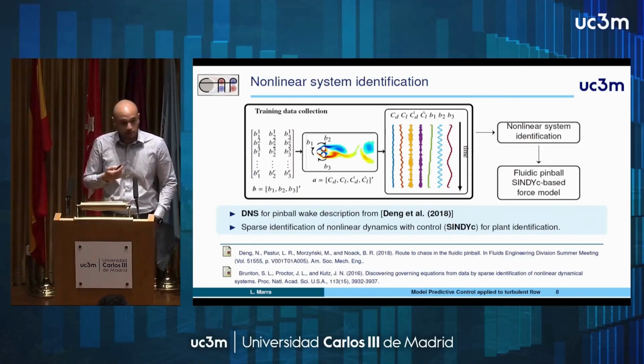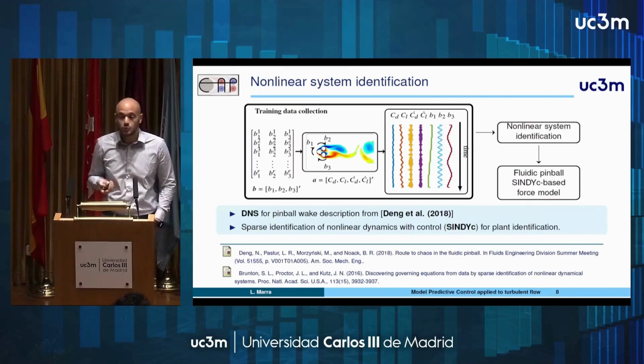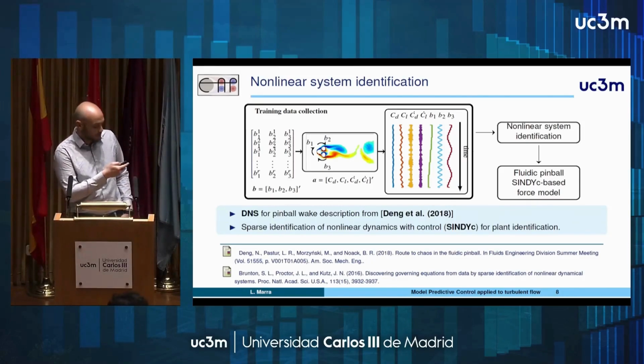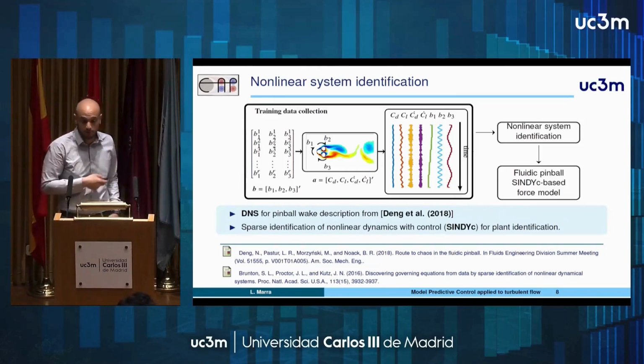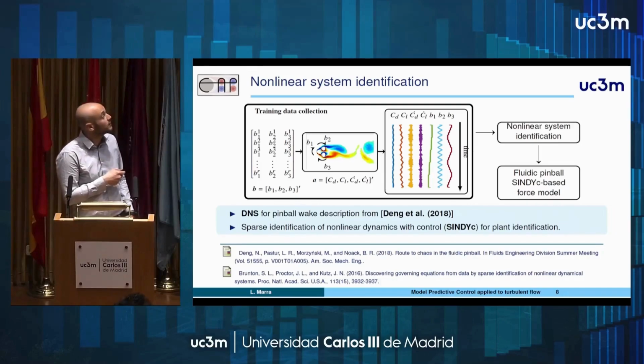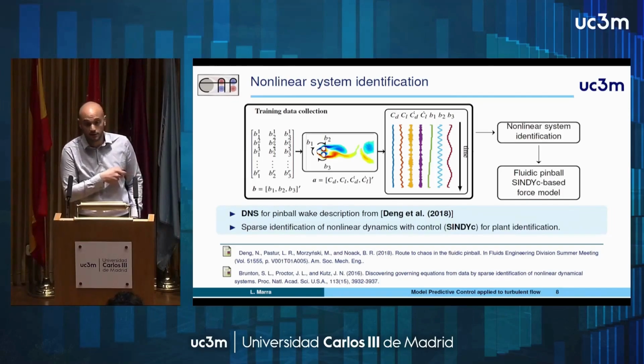In this publication, what we did was to perform first the nonlinear system identification, because we need the model. And this was done by selecting the coordinates. For our case, since it is a separated flow, selecting the coordinates was pretty easy. So we selected the forces and their time delayed version. In this case, they were the drag and lift coefficients, CD and CL, and the derivative in time.